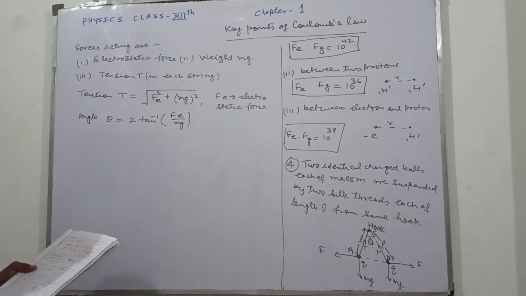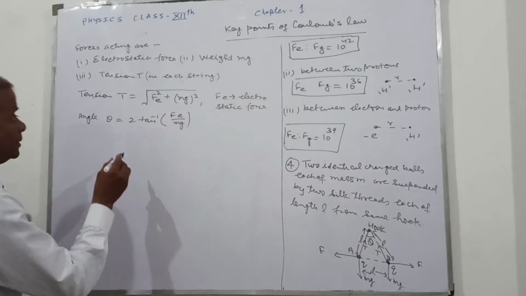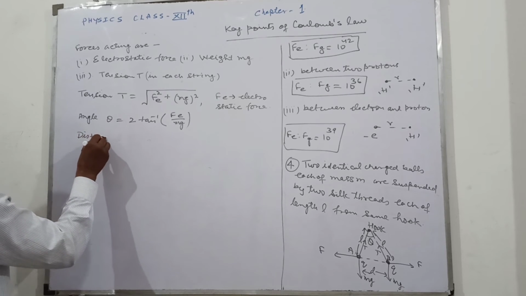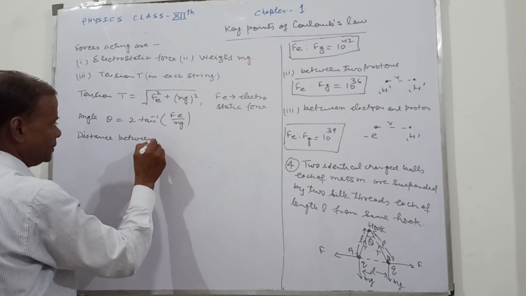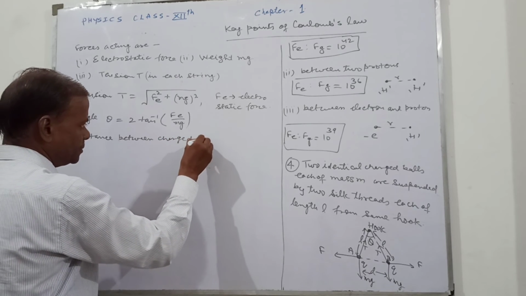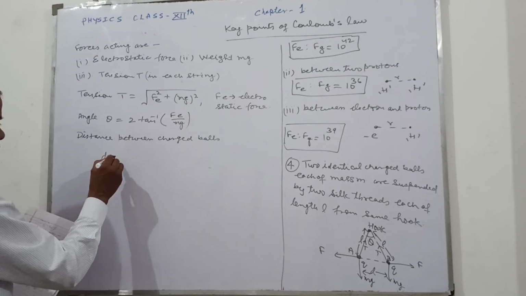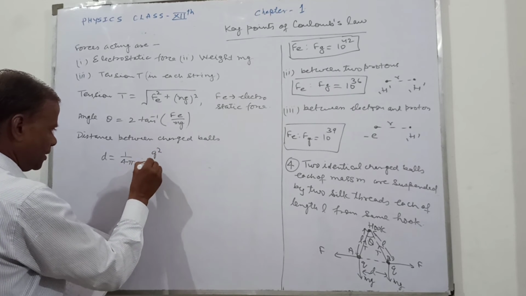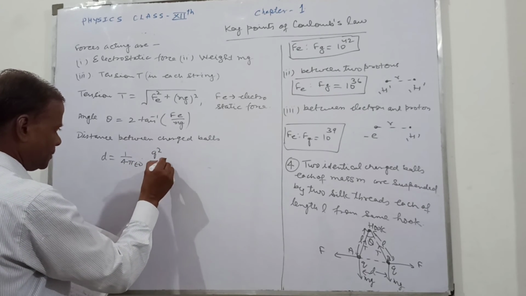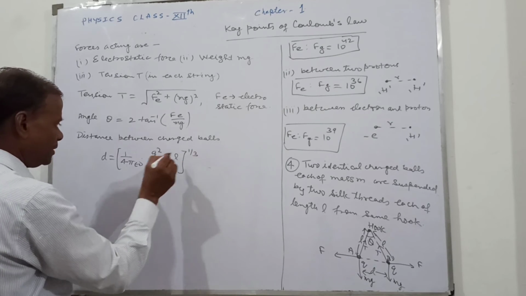And you can see from here that the distance d between these two charges is equal to 1 upon 4 pi epsilon naught into Q square upon mg into 2L, whole raised to power 1 by 3.